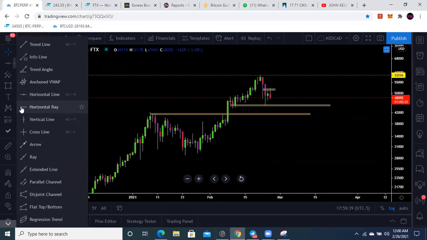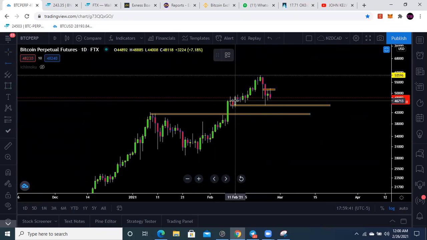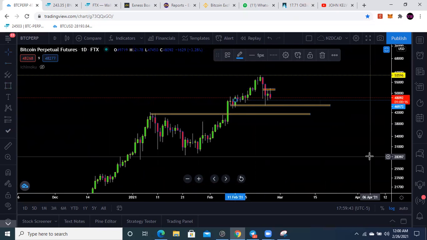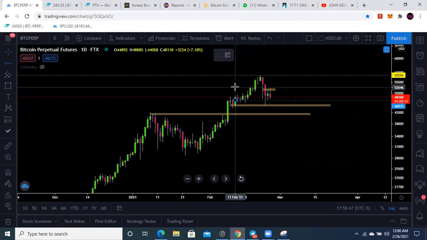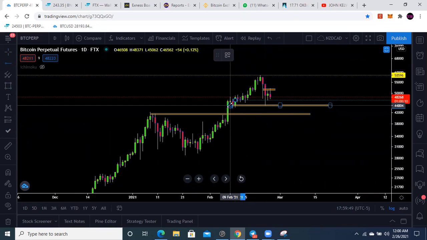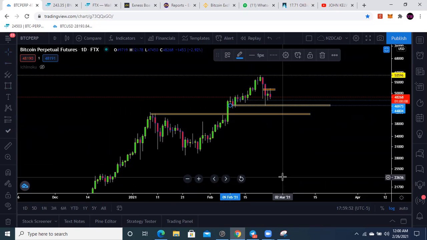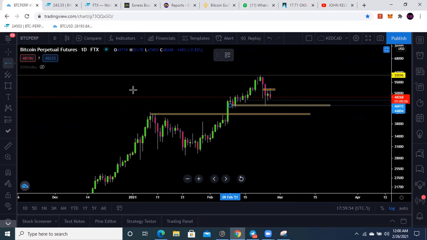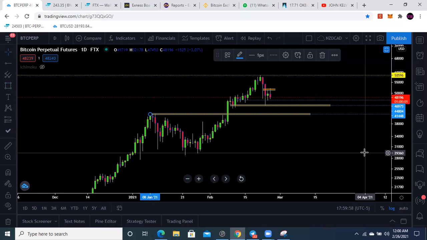We're looking at, you can see price is still holding at this level, which is 46,973. Price is still holding at this level again, 44,804. And lastly, here, 41,448. So these three levels are very, very important.